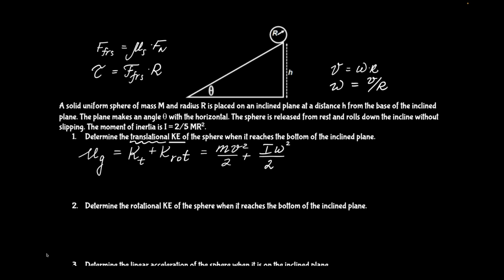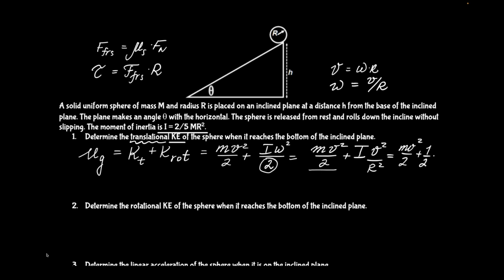And then plug that into the formula for rotational kinetic energy, which will render us mv squared over 2 plus I, and then I'm going to say V squared over R squared. Furthermore, what is I? If we're working with a uniform sphere, then I is 2/5 mr squared. So that would translate into mv squared over 2 plus. Now, so that we do not lose this 1/2, I'm going to put it in front.